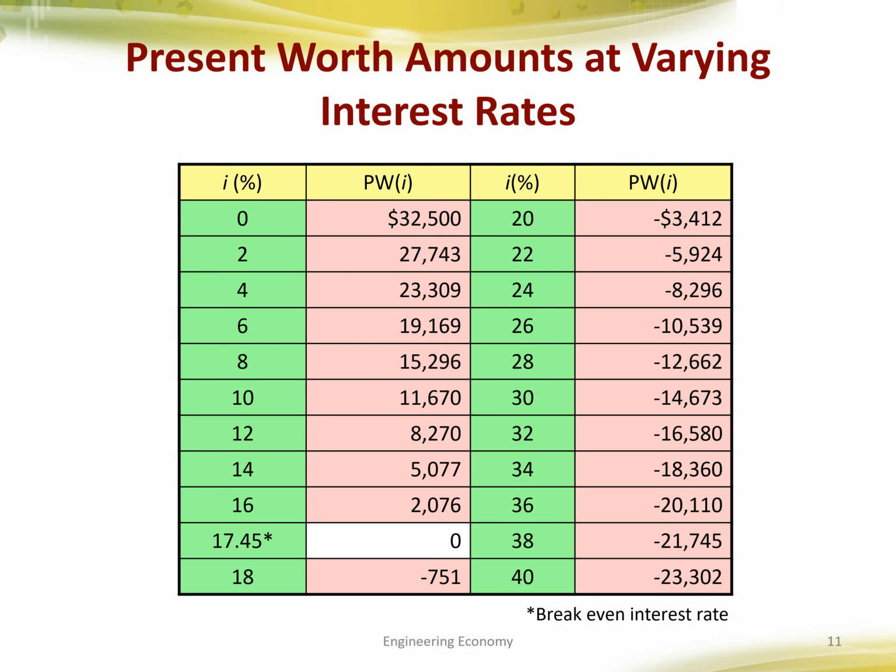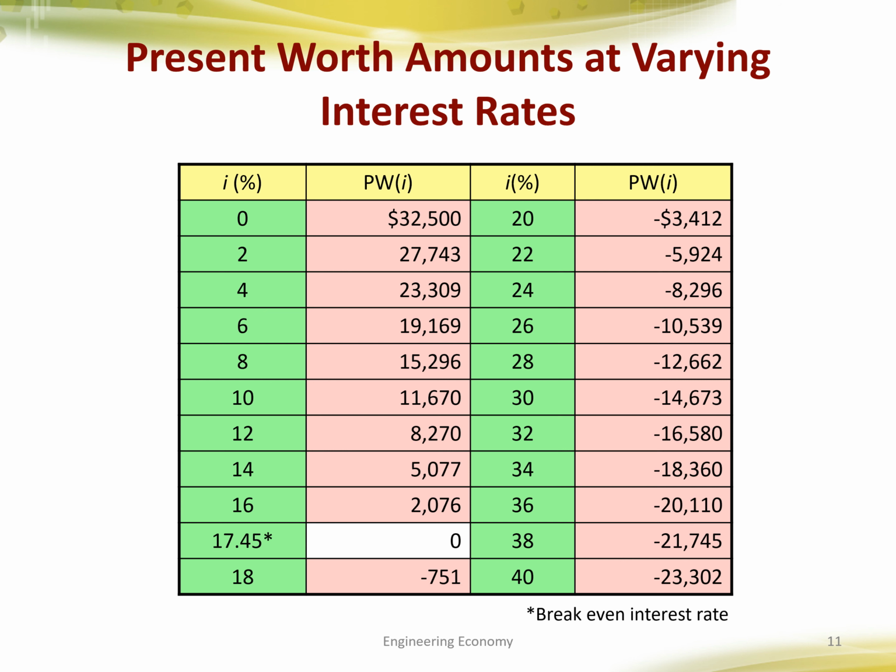So we mentioned that the analysis is based on an interest rate. For the example, we use 15%. There is a question you can think about, and you can probably figure out the answer by thinking logically.